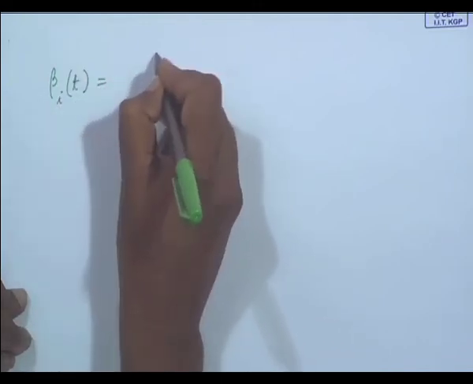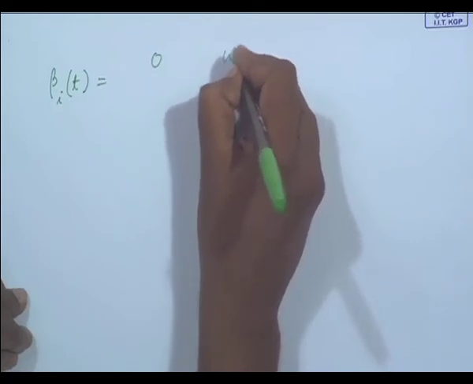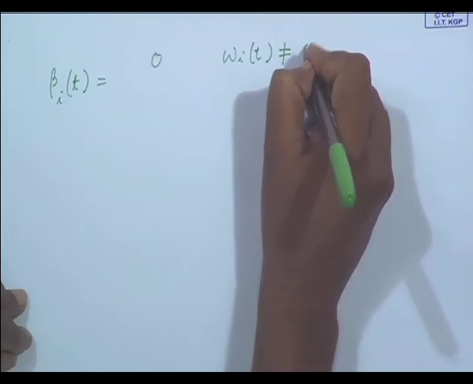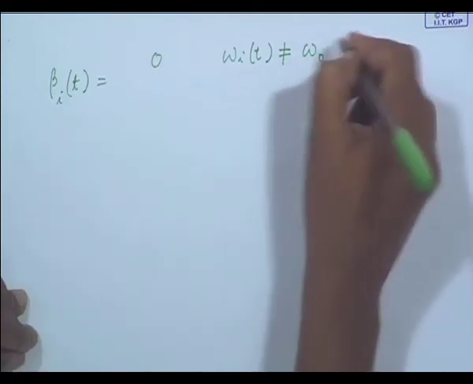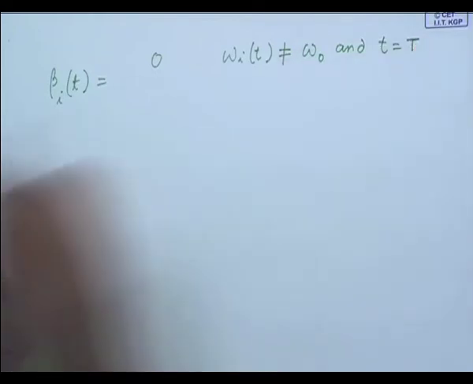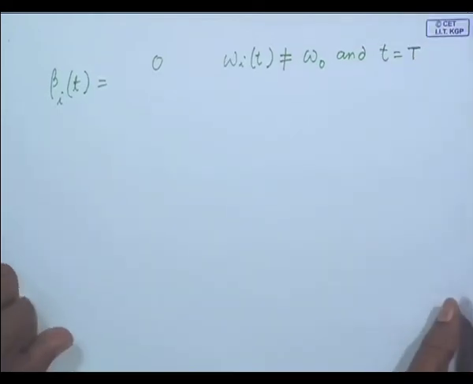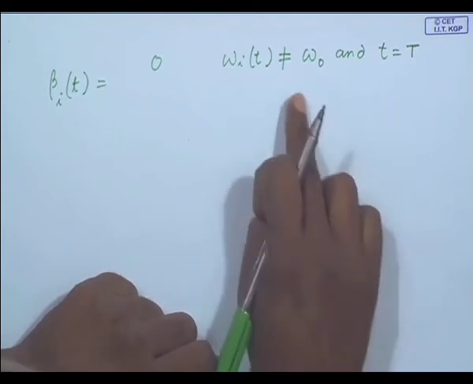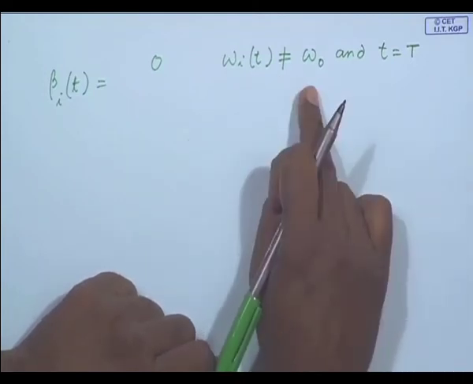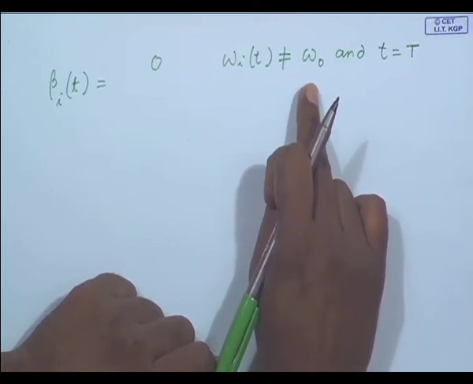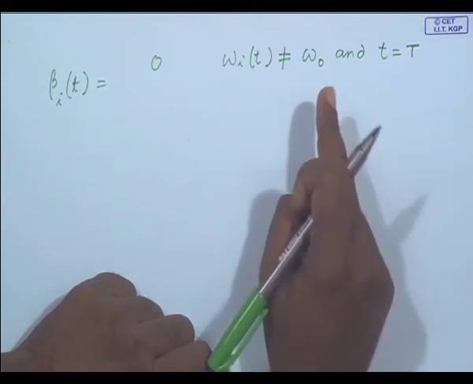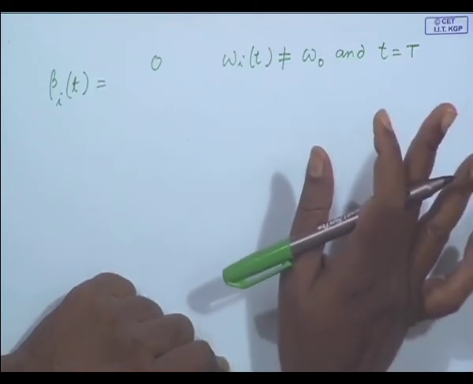So, this beta it will be equal to 0 if omega it is not equal to omega 0 and t is equal to the last time step, that is t equal to capital T, because as we said, the last hidden state has to be omega 0 in which the machine generates the only visible symbol which is V0.